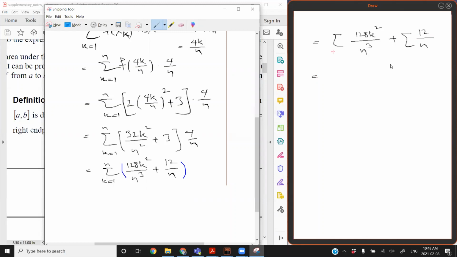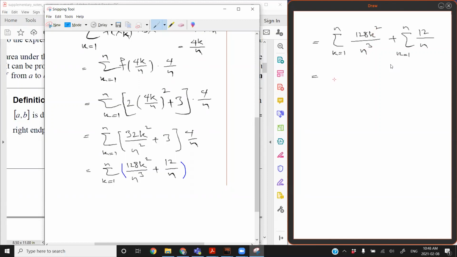So notice that the index in this sigma is k. It goes from k equal 1 to k equal n. So n to the power of 3 is going to be a constant. It doesn't change from term to term. The thing that changes is the k squared. n to the power of 3 does not change.